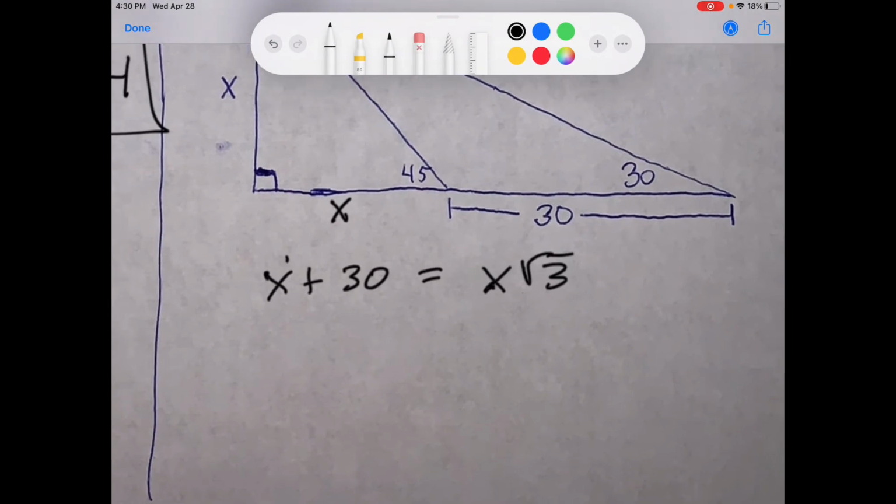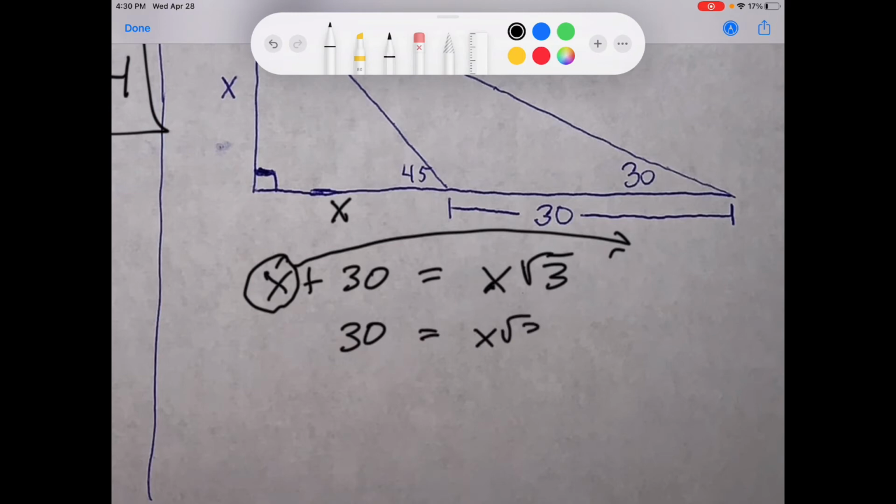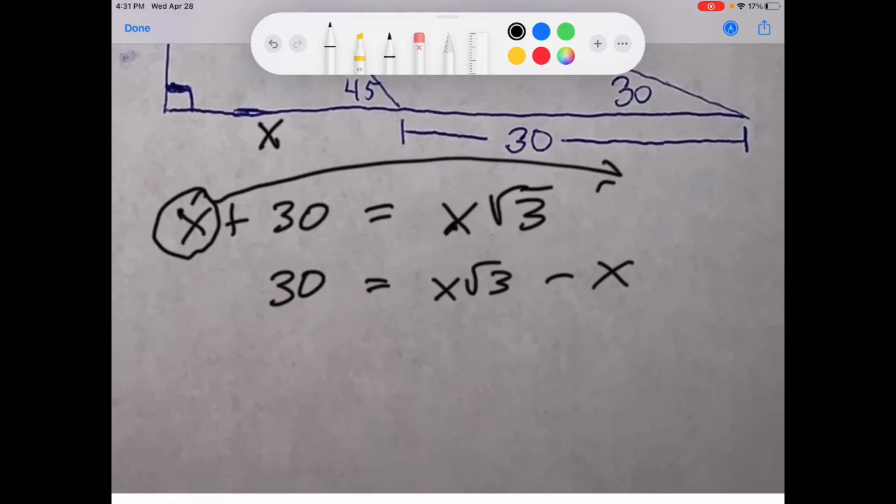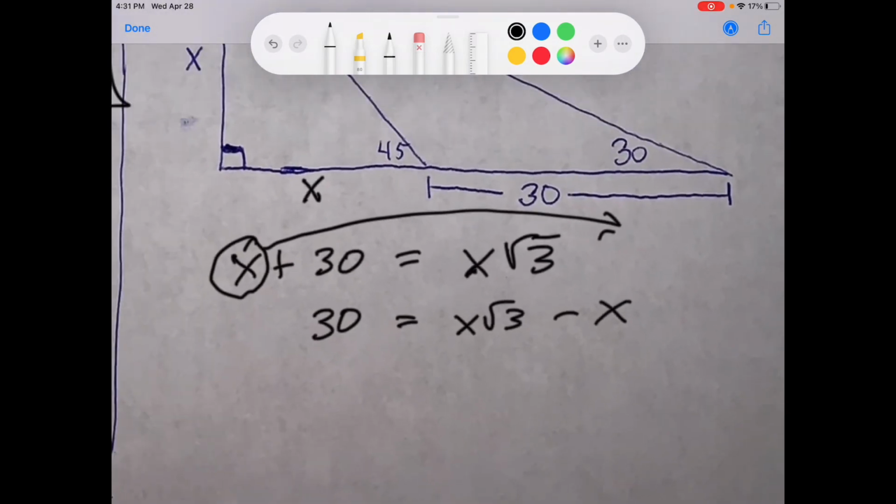So let's get our x terms to one side. Okay, so 30 equals x root 3, and then I threw the x over, so that's a minus x. You can factor out an x, or you could put root 3 in your calculator, which is 1.73.